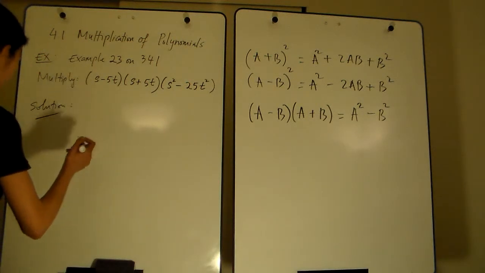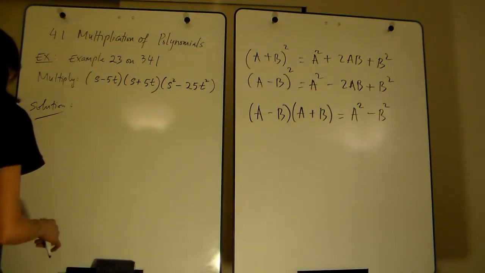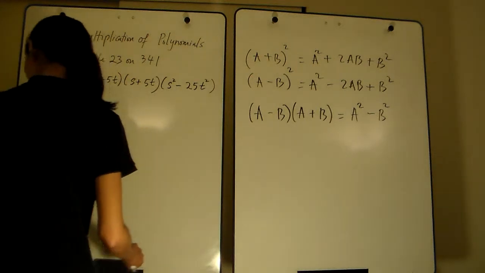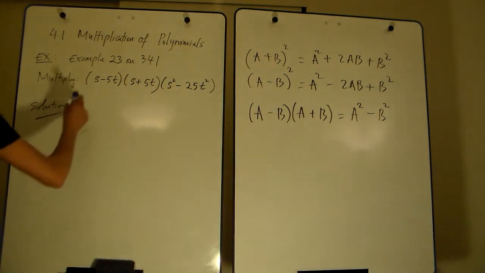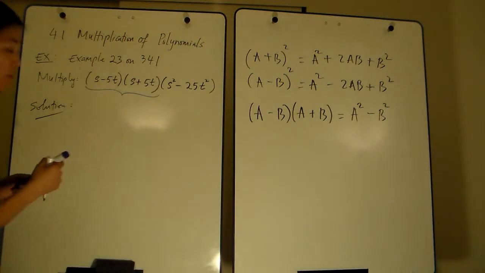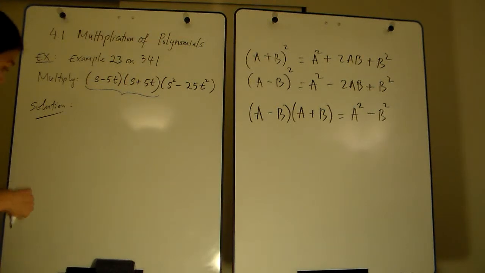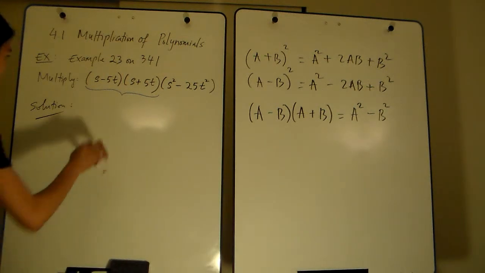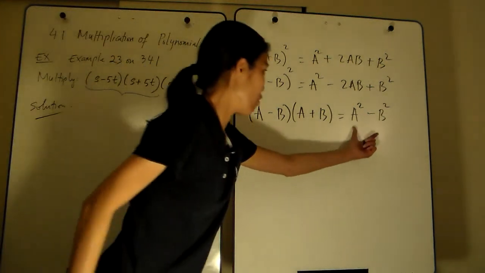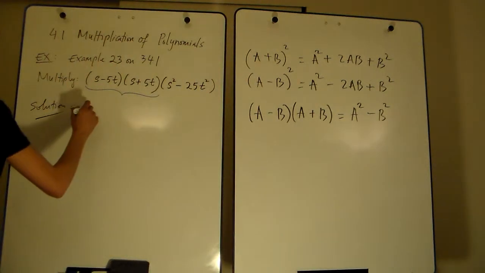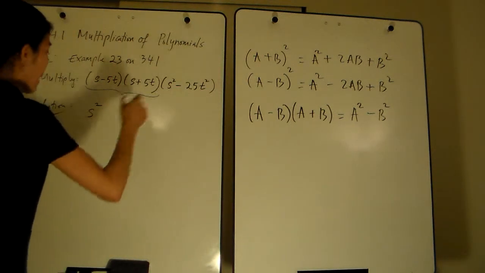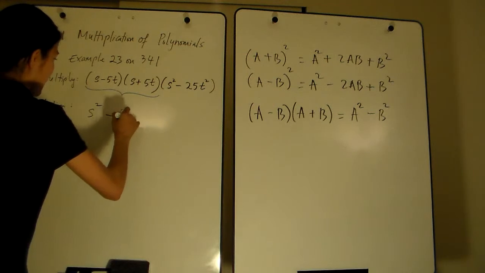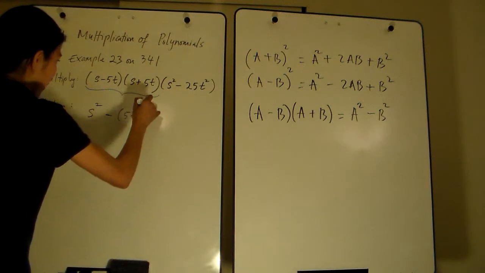If you have this pattern, I will combine these first two binomials and write this as the equivalent form, a squared minus b squared. So s squared minus 5t squared.